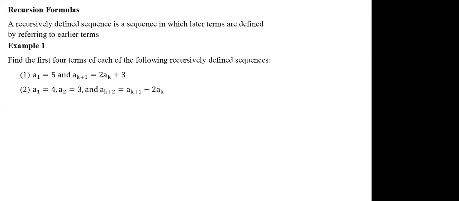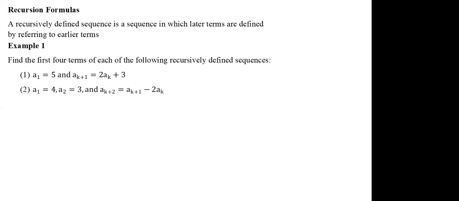Now, in example 1, we are given A1 to be 5. We want to get A2, A3, and also A4. Are you with me? Yes, sir. A1 is 5. Now, I want to get A2.